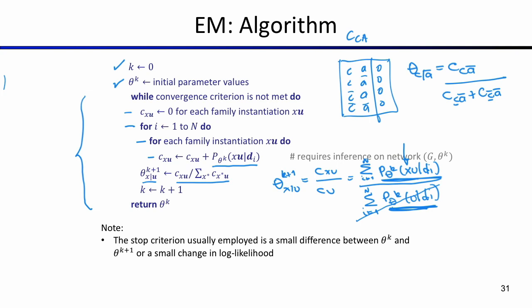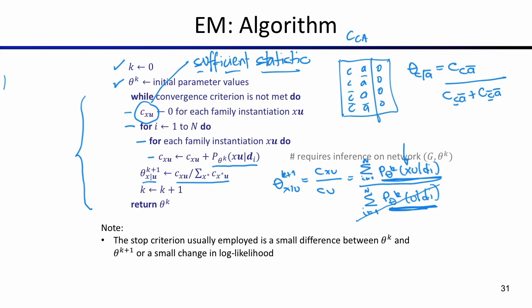That's why we call this cxu a sufficient statistic, because from this information cxu we can compute all the numbers that we need in order to compute the parameters for the next iteration.